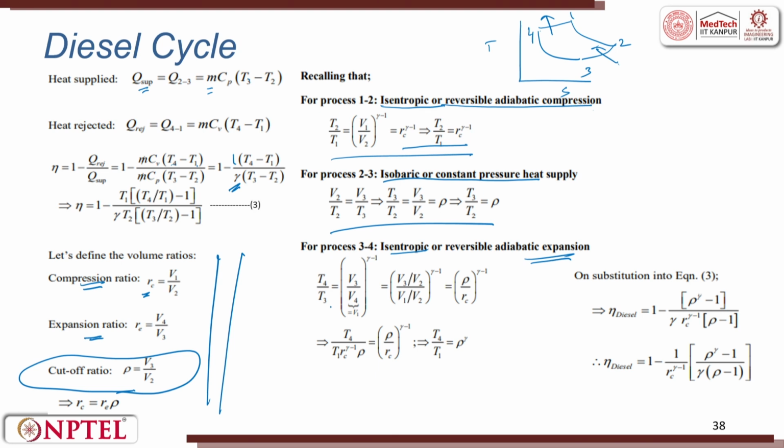The next one is isentropic reversible adiabatic expansion, T4 by T1 equals rho to the power gamma. On substituting in equation 3, we get 1 minus this, and this can be rewritten in this form. This is the final equation to find the efficiency of a diesel cycle.